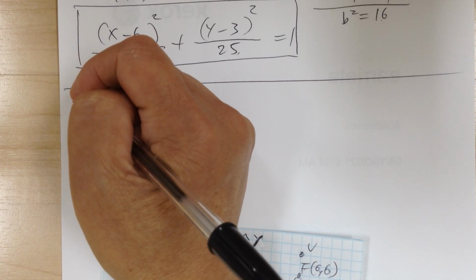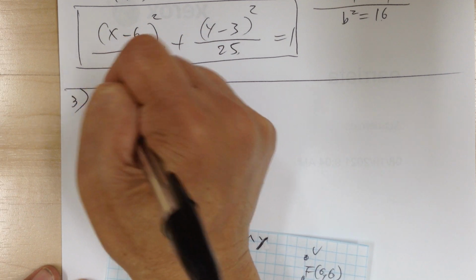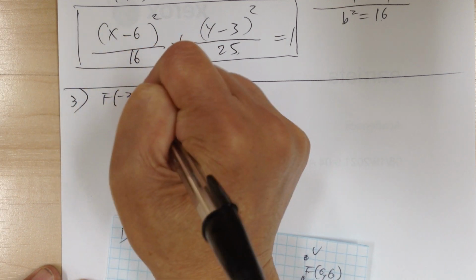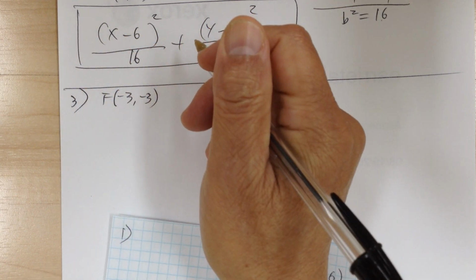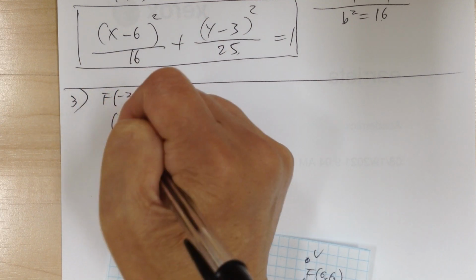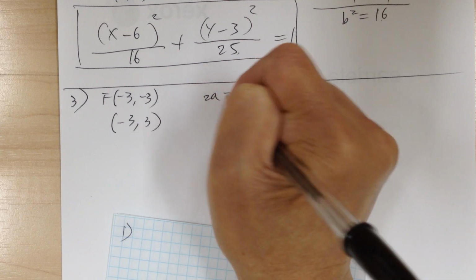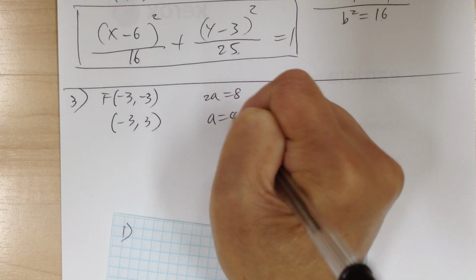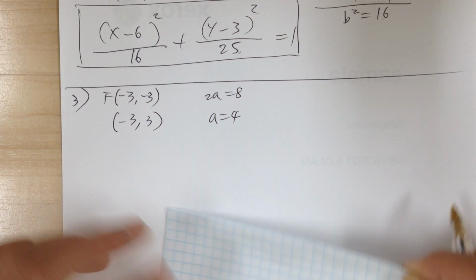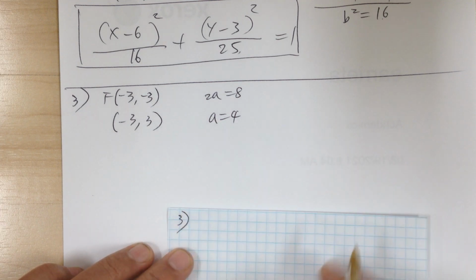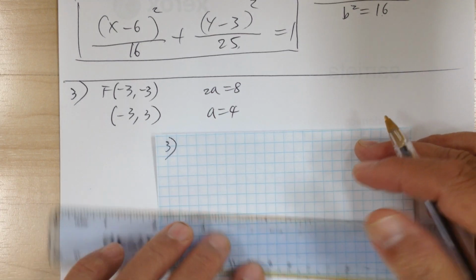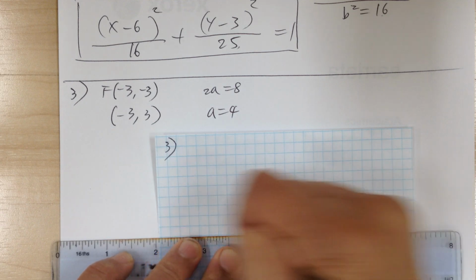Number 3, same thing. F is at (-3, -3) and also at (-3, 3), and 2a equals 8. So right away a equals 4. So that's going to do number 3. You can sketch out your information, it will help you to visualize.